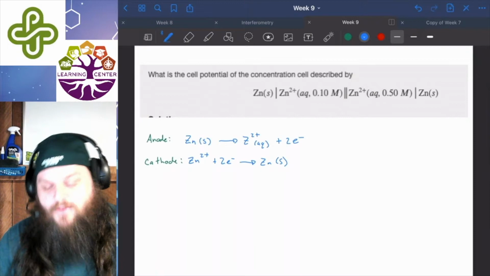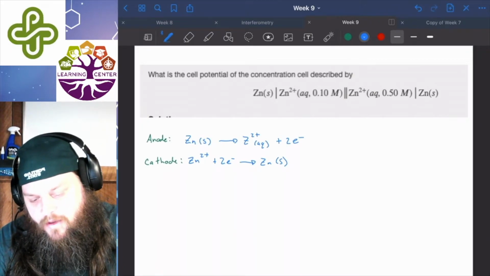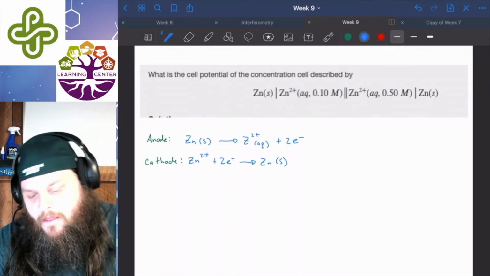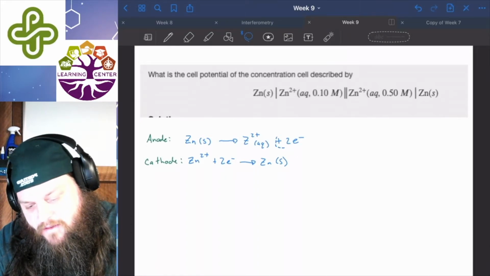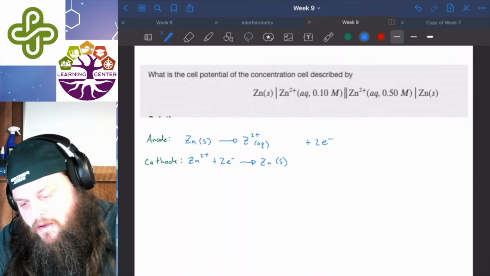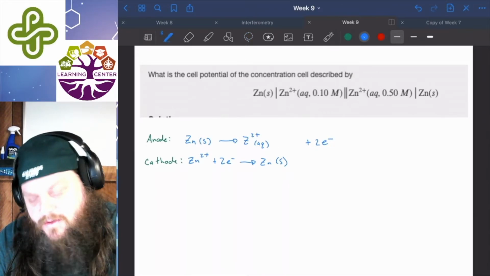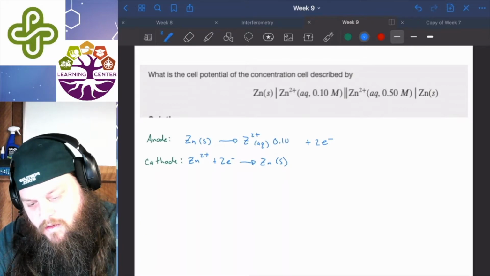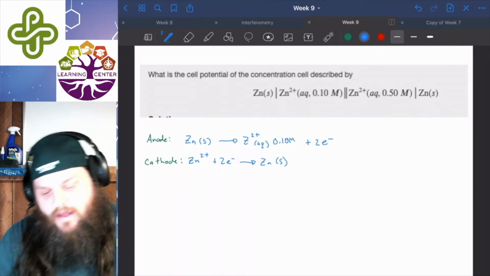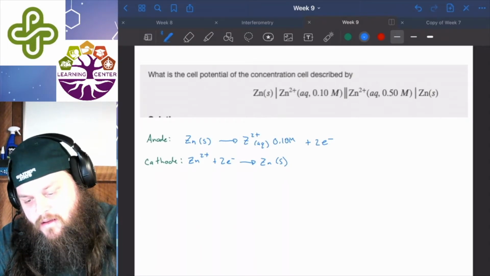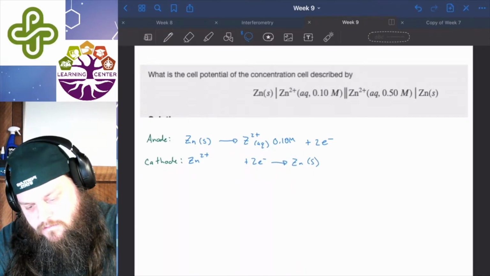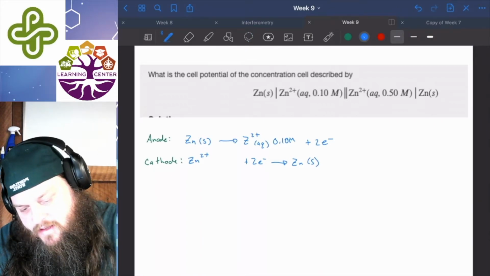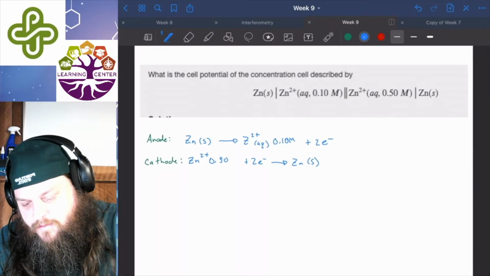And this overall reaction, if we were to break it down, we can see that we're basically canceling everything out. So we can write this in a somewhat different way, putting in the molarity of things. I can say this is 0.10 molar on the anode side, and over here I can say this is 0.50 molar.